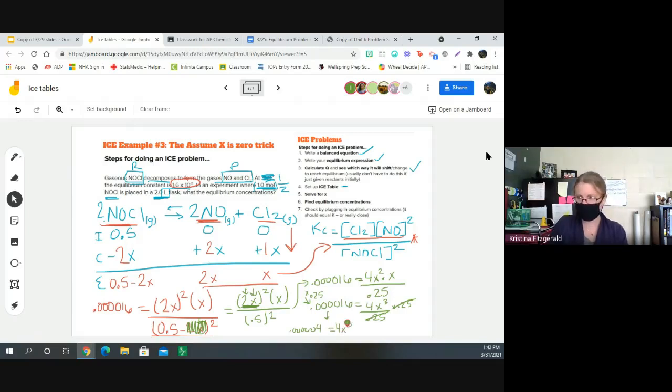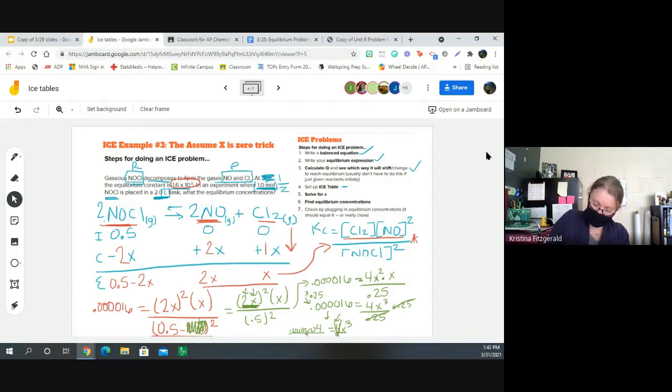What do you want to do with the 4, Morgan? It's being multiplied. Would we divide it? Yeah. I'm just waiting for the square root to happen. Oh, it's not gonna be a square root. It's gonna be a cube root.